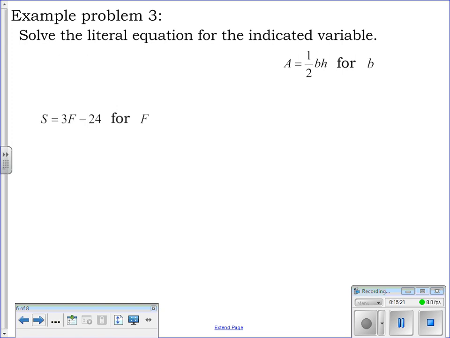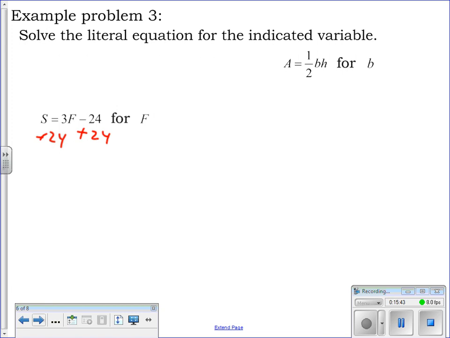If it was f and a bunch of numbers, the process is the same. So if I want to get f by itself, my first step is to add 24 to both sides. That's exactly what I would do if I didn't have s there, but I had a number. I would still add 24 to both sides, right?